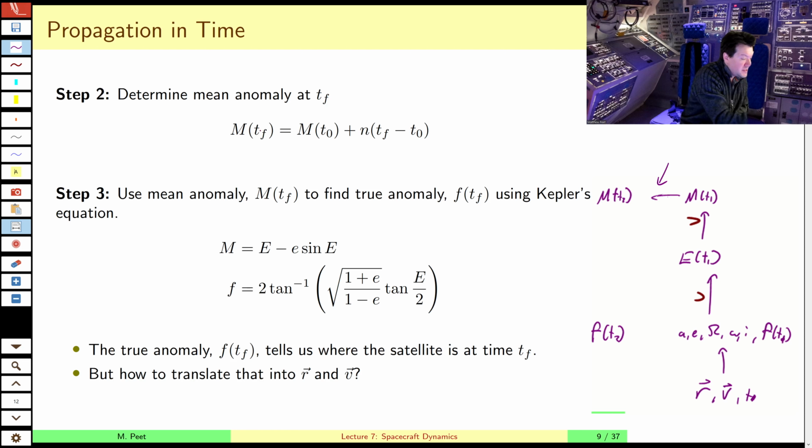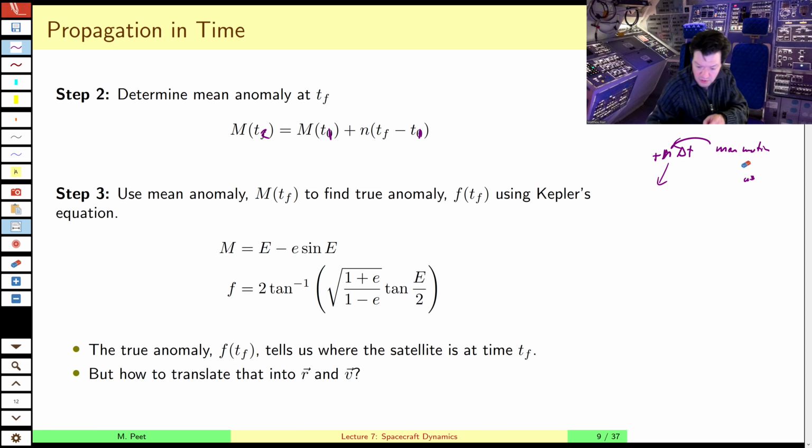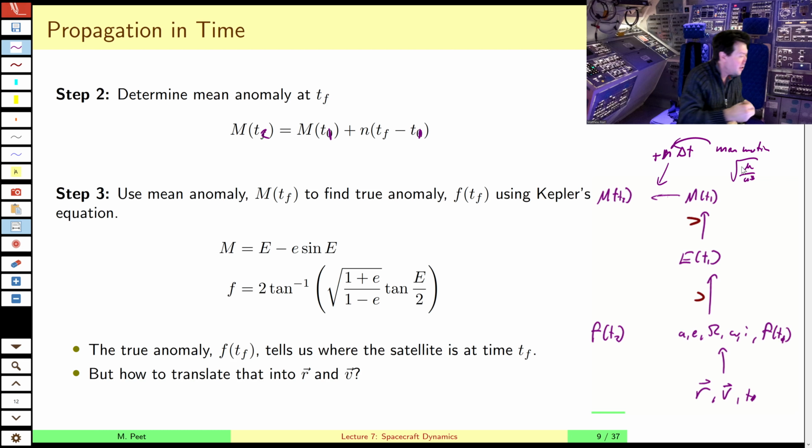So t2 and t1. The updated mean anomaly is the initial mean anomaly plus n delta t, where n is, of course, the mean motion. The formula for that is not given here. I think it was the square root of mu over a cubed or something like that. Okay, so now we've got the mean anomaly at t2.